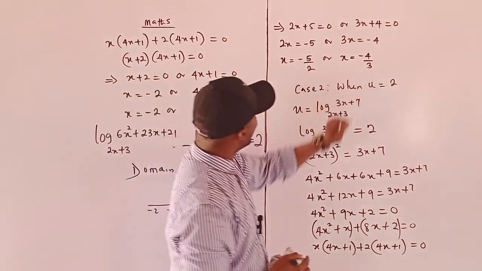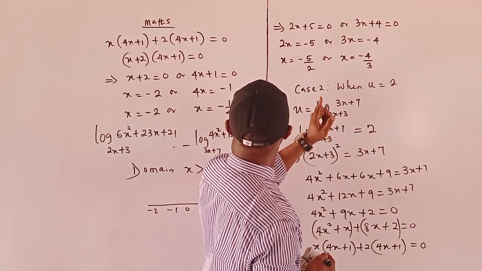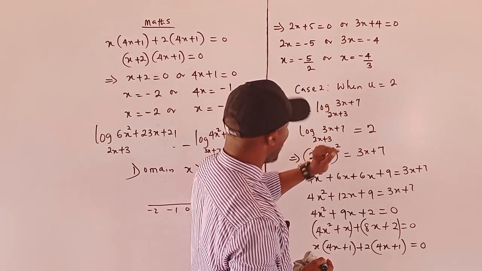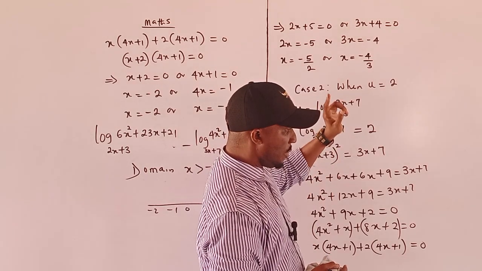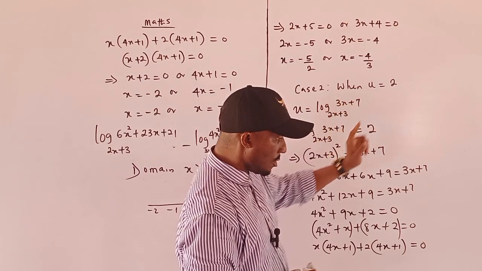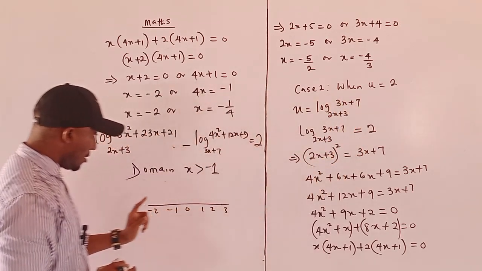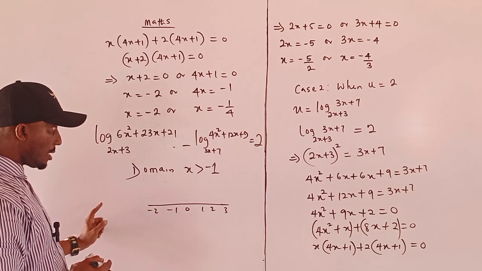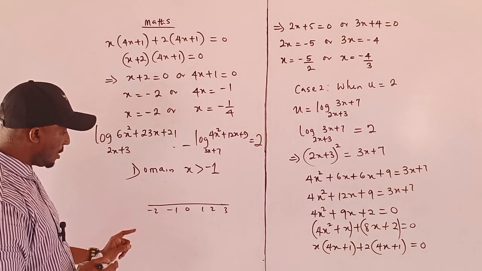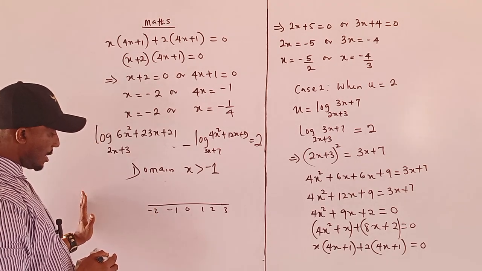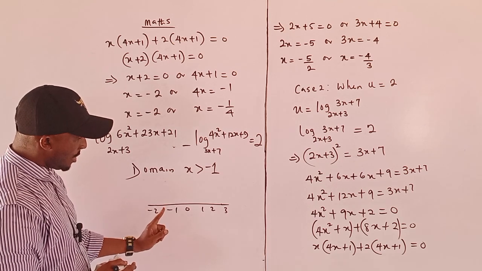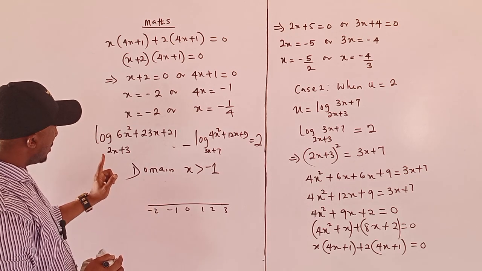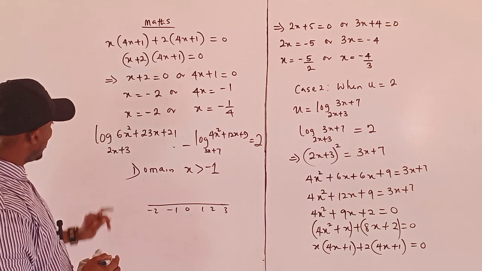I'll come to the next value of x, which is -4/3. That would be -1.33, which is actually less than -1, so that is knocked out.